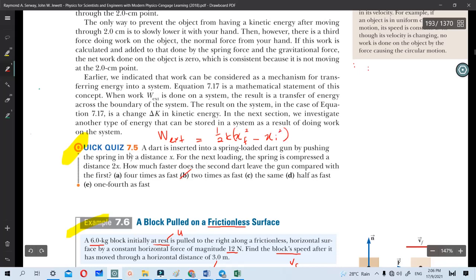Now, the situation is originally a dart spring that is compressed by a distance of x. In the next loading, the distance is now double. So they want you to compare how much faster the second one is.